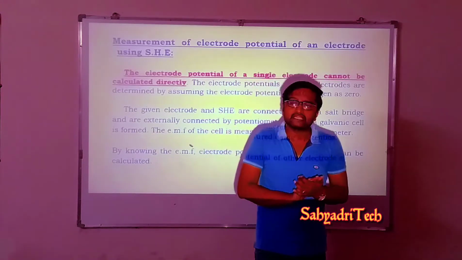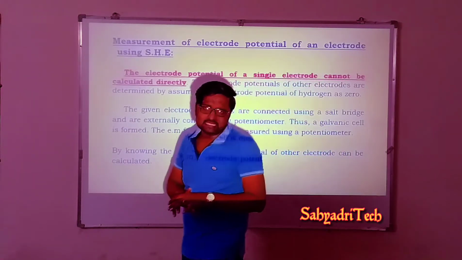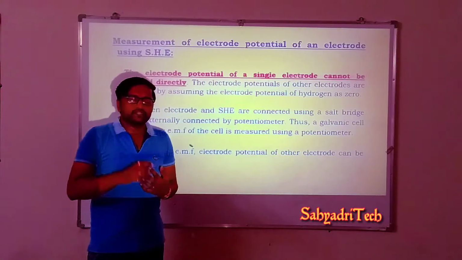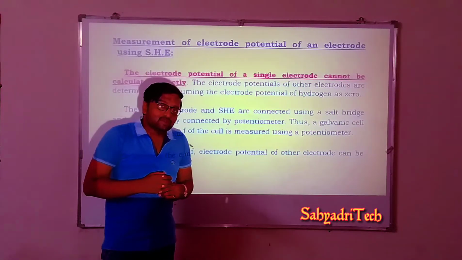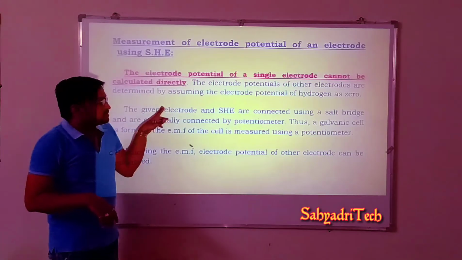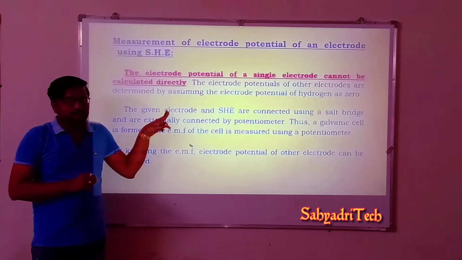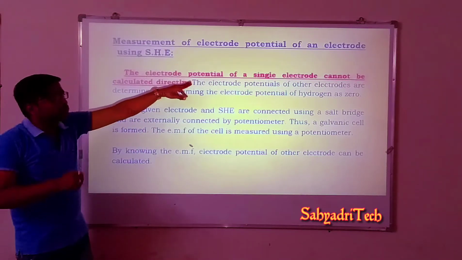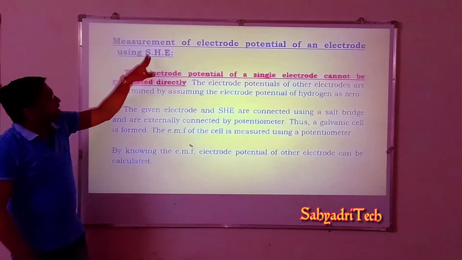What is that? E cell is equal to E cathode minus E anode, or I can say E positive minus E negative. So with the help of that formula, we are going to get the electrode potential of those electrodes. Okay, so it is regarding the determination of electrode potential of an electrode by using SHE.